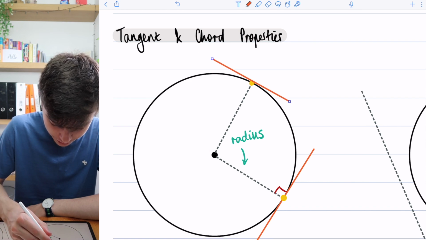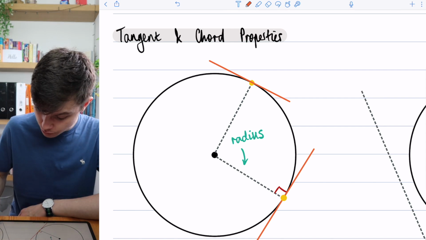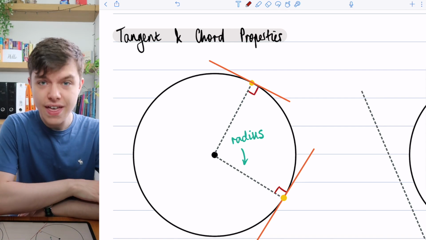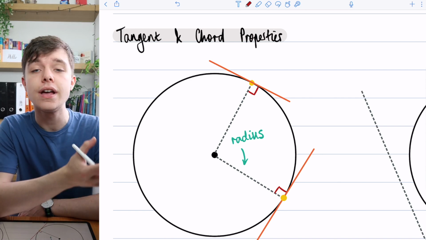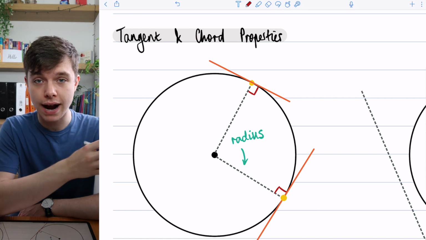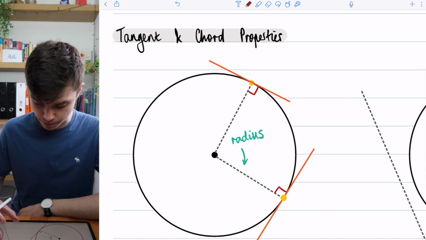Can't get it perfect, but that's also a tangent. And then again, we've got another right angle there. Because it is a radius and another tangent, they would intersect at a right angle, so they're perpendicular. So there's your tangent properties.